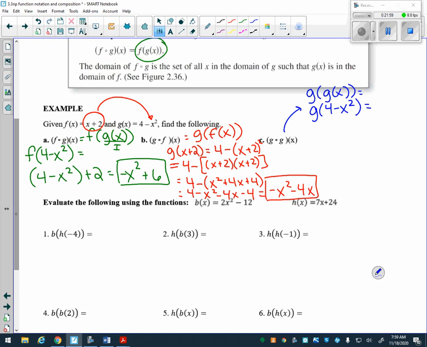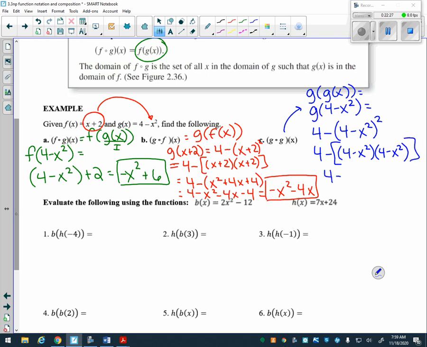So when we input this, you have 4 minus (4 minus x squared) squared, because you're taking this entire function 4 minus x squared and inputting it into the same function. So we have 4 minus, we want to expand this out, (4 minus x squared) times (4 minus x squared).